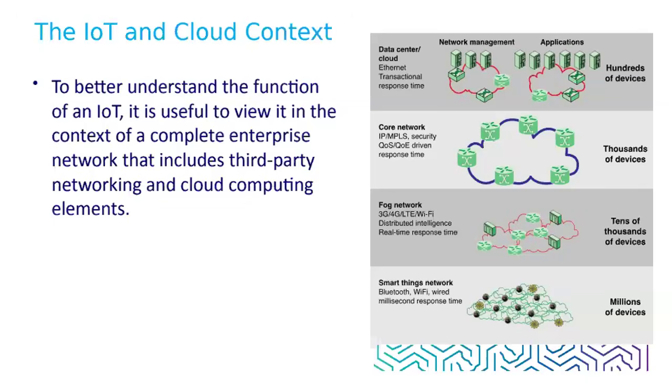The third-party network will enable external communications, and the cloud computing will provide storage, processing, management, and remote access. So this will allow organizations to efficiently manage and utilize IoT data across the entire enterprise environment.